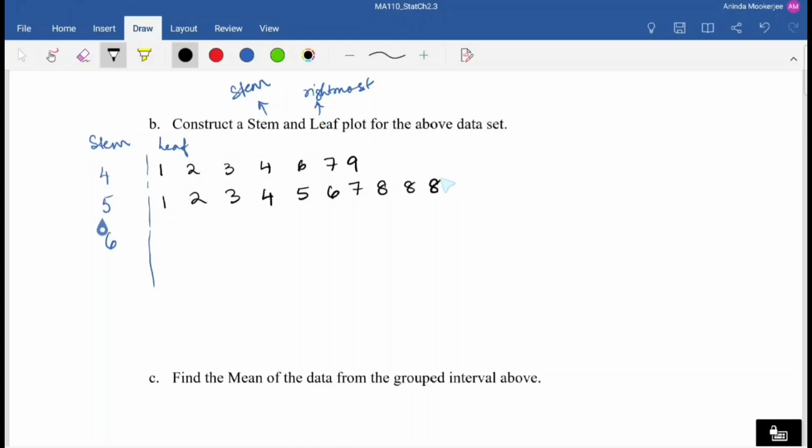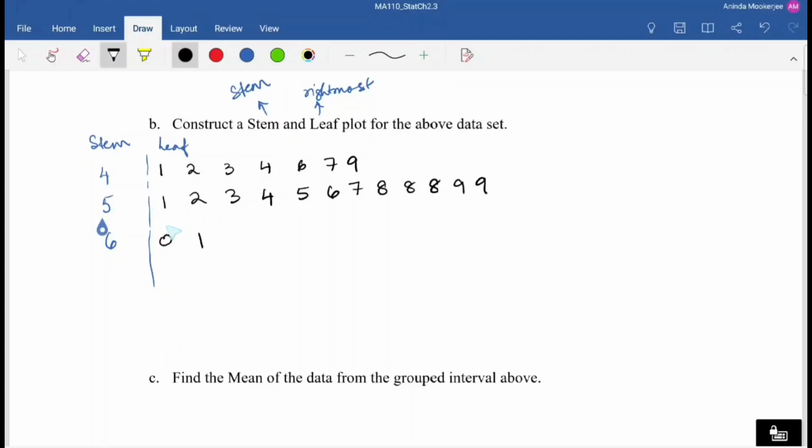There are 3 8s and then 2 9s. All right, and then for 6, it's 0 and 1. All right, so this is our stem and leaf diagram with all the leaf values next to the corresponding stems, and also arranged in increasing order.